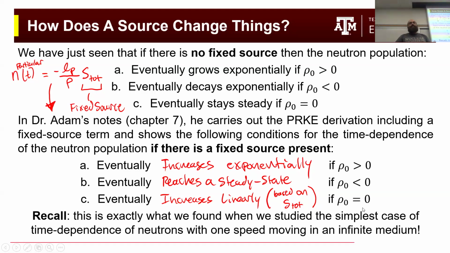And so it's kind of funny that with this very detailed treatment that we've done in terms of the time dependence and accounting for delayed neutrons, the overall behavior of our system is exactly what we saw when we studied that more simple example of one group, one speed neutrons in an infinite medium with an extra source.